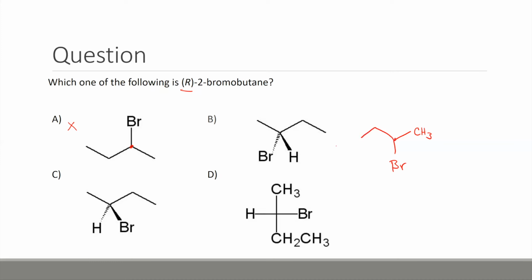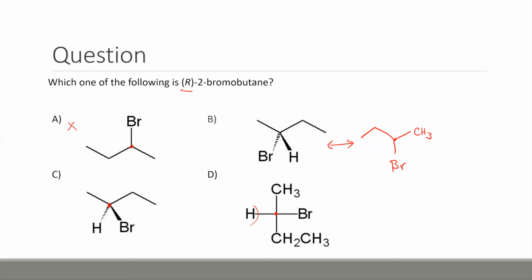So this is the same molecule. I've just rotated around and the hydrogen is now pointing away from me into the page. Okay, this molecule here already kind of has the hydrogen pointing away, so it's easy to view. And this molecule in D is a Fischer projection. So we know how to deal with Fischer projections. Remember, we want the hydrogen vertically and on the left, which it already is. So this one will be easy to assign.